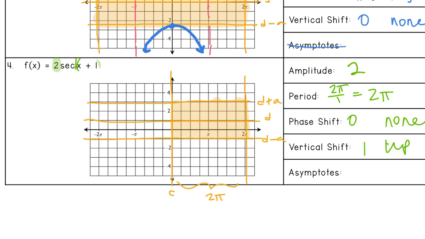So I know that if I were to divide this by 4, so 1, 2, 3, 4, every 2 squares, there's a vertical asymptote, 1 section to the left, and then at the end, 1 section to the right. And then I'm just noticing the pattern that they're 4 squares away from each other. So I'm going to continue doing that for the rest of the graph until I run out of space.